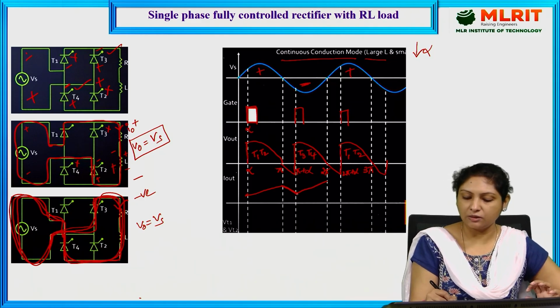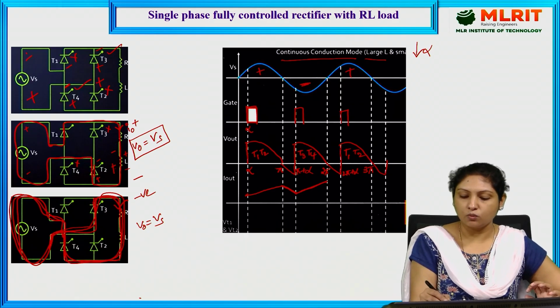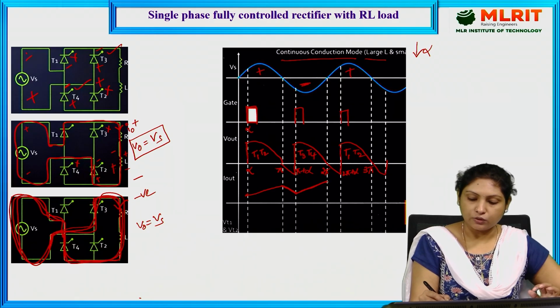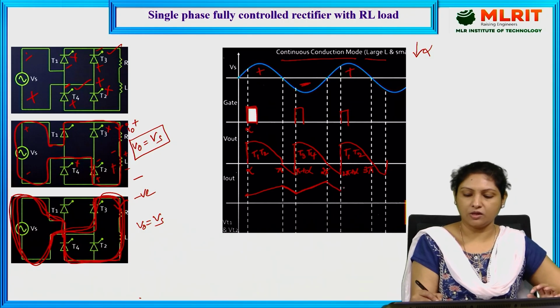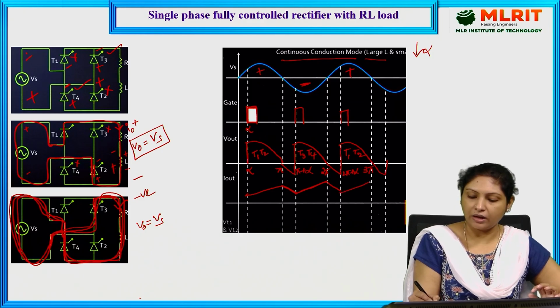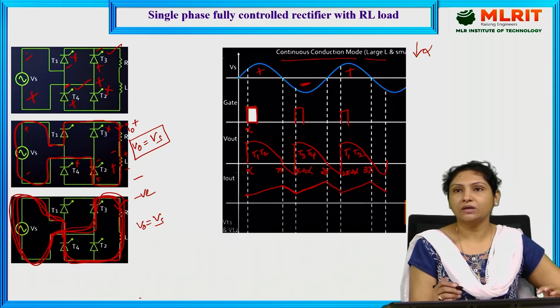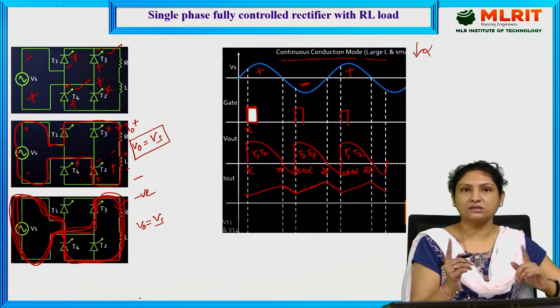And slowly, it is building at a slow rate because of the presence of the inductor. And later, the moment it reaches 2 pi, the current is getting reduced because inductor itself is driving the current through the load. Again, current conduction through the load is now because of T1 and T2, and the cycle repeats. And we can never expect when the waveform starts and when it ends.